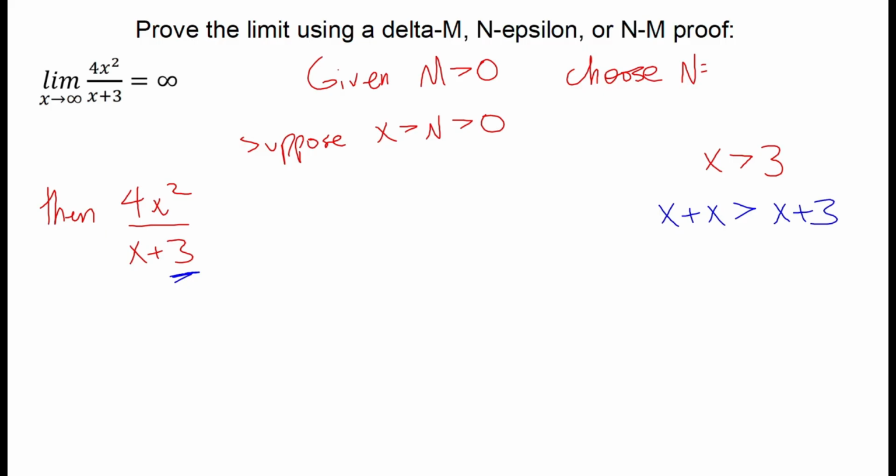Now, if I put the constraint that x is greater than 3, then I need to put in a maximum here of 3. And so if I say that x is greater than 3, then x plus x, which is the same as 2x, must be greater than x plus 3.